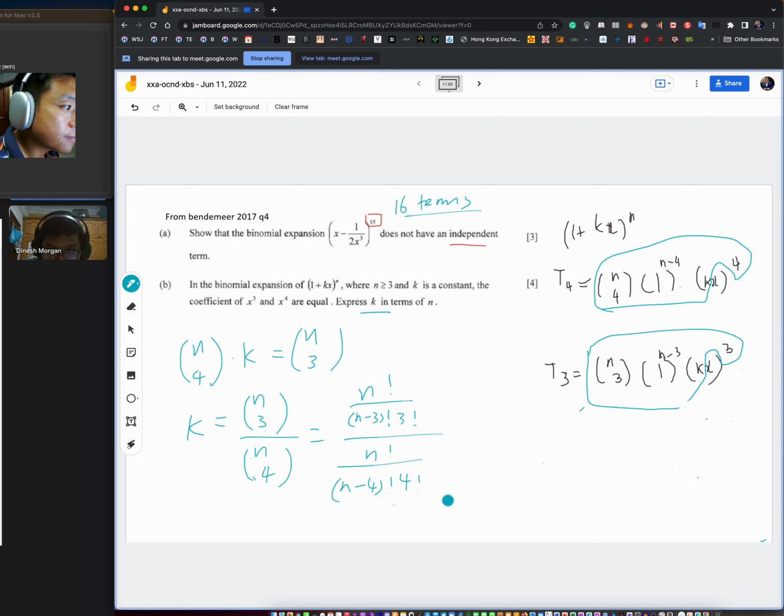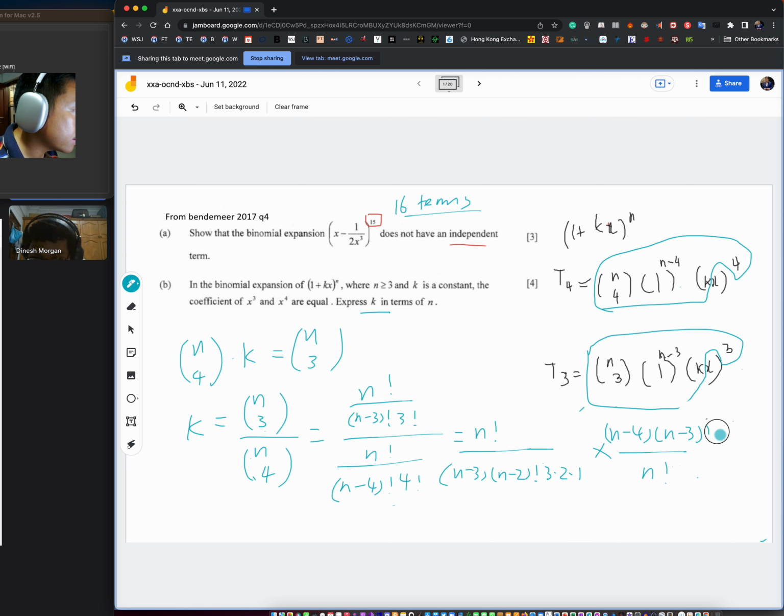Then you do n factorial over n minus 3 factorial and 3 times 2 times 1. Then you flip it: n factorial, n minus 4, then n minus 3 factorial, then 4 times 3 times 2 times 1.